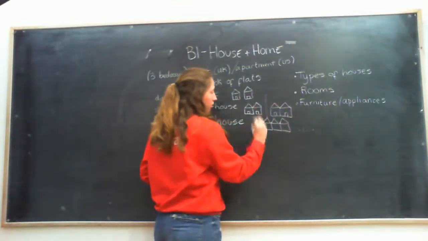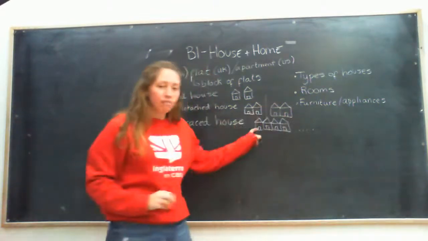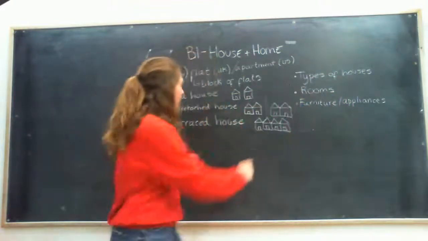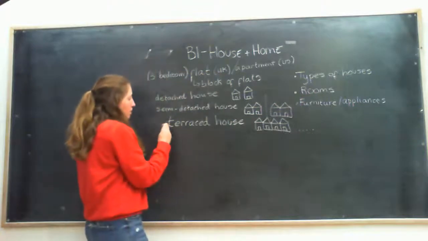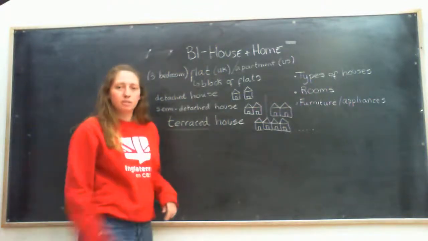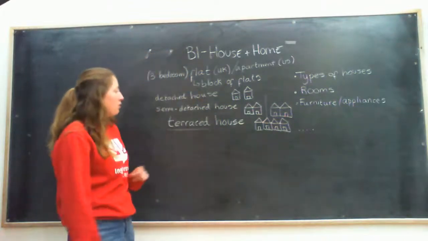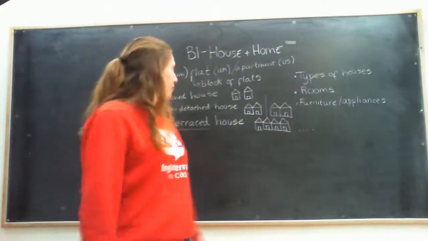It can go on for however long you want. So you have a row of houses all together. 1, 2, 3, 4, 5, 6, 7. They can continue. And these are what we call terraced houses. So I can say, I live in a 3-bedroom terraced house. Okay, to be a bit more specific.